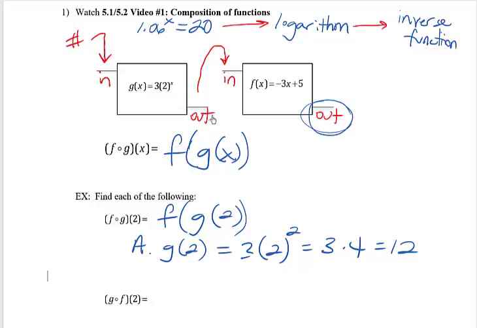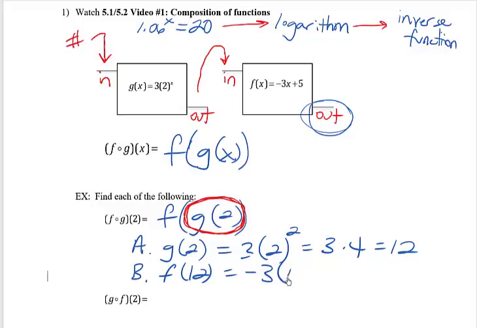Well, remember, the next step is to take whatever came out here and immediately stick it into the f function. That's what this says as well. The 12 is essentially the value of this red circle. G of 2 came out to be 12, and now I'm sticking 12 into the f function. So f of 12 is what I'm calculating now. Here's the f function.